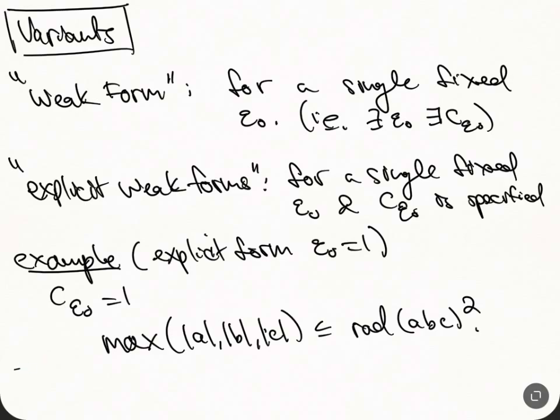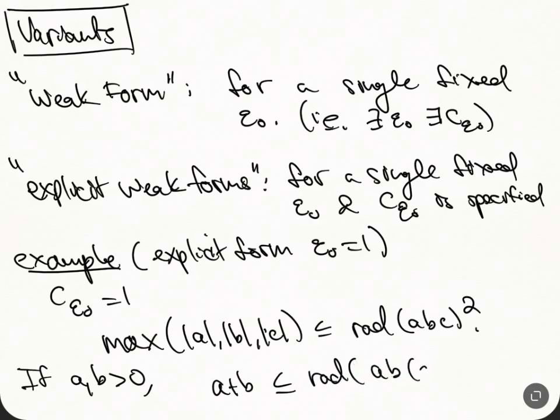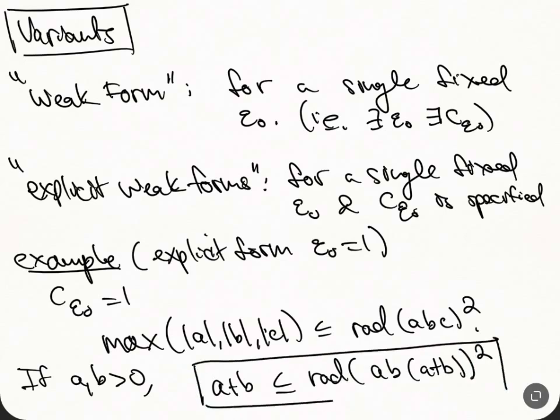Note that if A and B are positive integers, then what this is saying is that A plus B is less than or equal to the radical of A times B times A plus B, squared. So it's a really elementary statement, just about arithmetic.